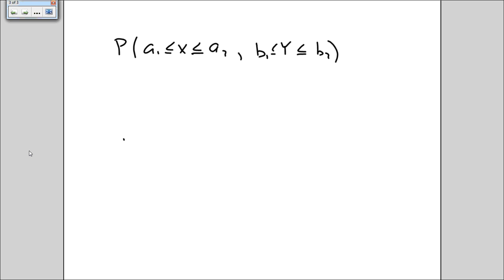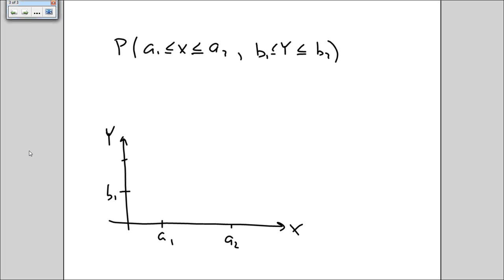Okay. Well, let's put this on for a two-dimensional setting. X goes from A1 to A2, random variable X and random variable Y. And Y goes from B1 to B2. So that's A1, this is A2, B1, and B2.